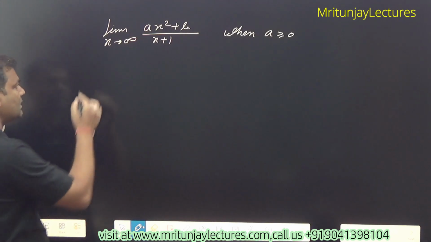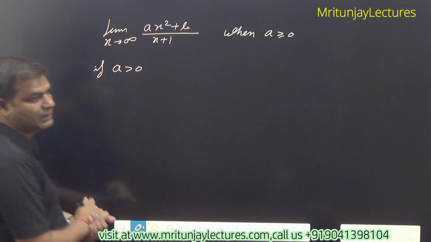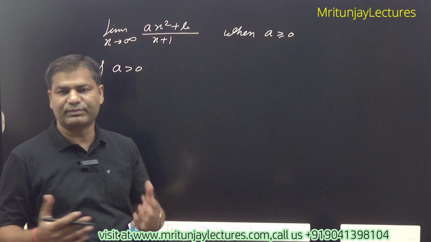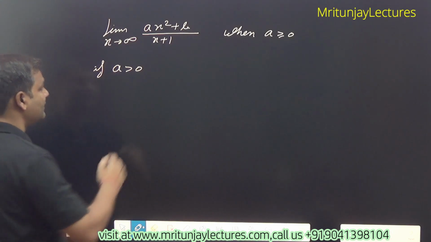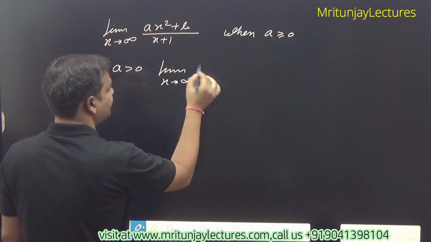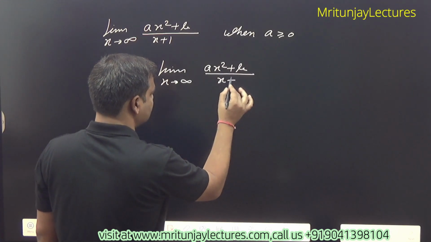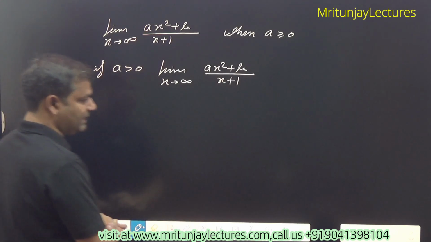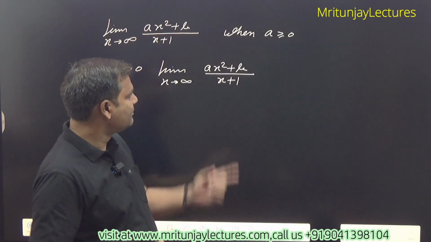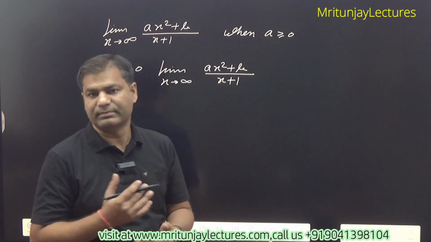First, if a is greater than 0, meaning a is a positive number like 1, 2, 3, 4, 5, then we have limit x tends to infinity, ax square plus b divided by x plus 1. If we put x equal to infinity, then we get infinity by infinity form.